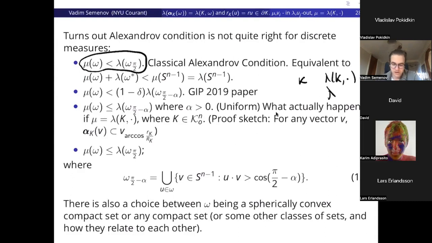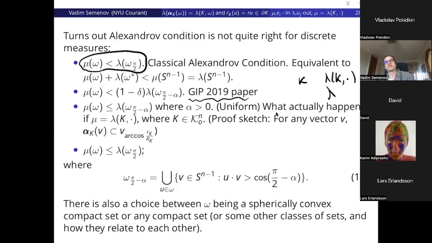So then there is a condition which was obtained in the Gauss image paper, but this condition is kind of too strong, because it already gives you estimates on inner and outer radius, and it also fails for some different kinds of measures.